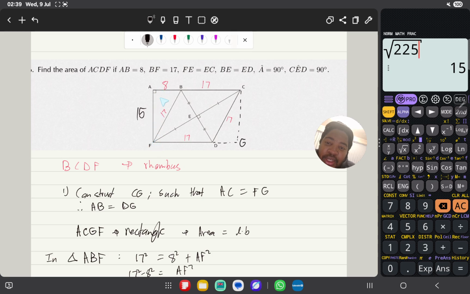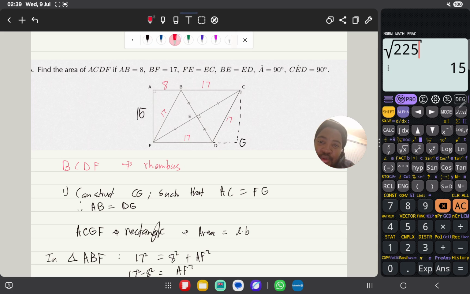You can calculate the area of this rectangle and then subtract the area of this triangle, because triangle CDG is not part of the area that we are calculating. That's what we are going to do.